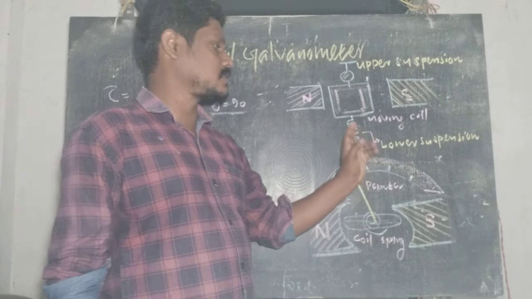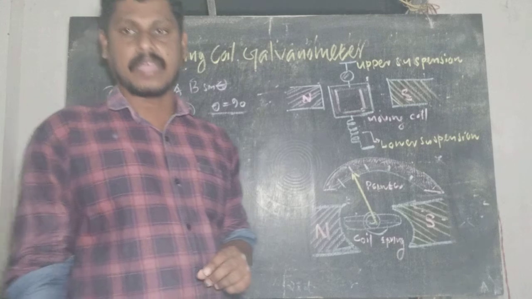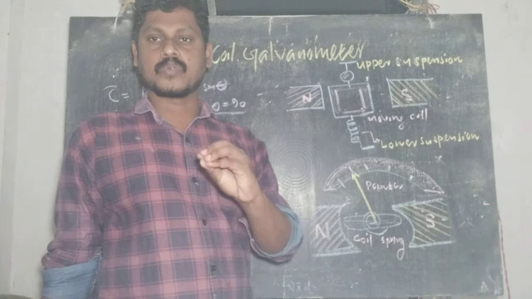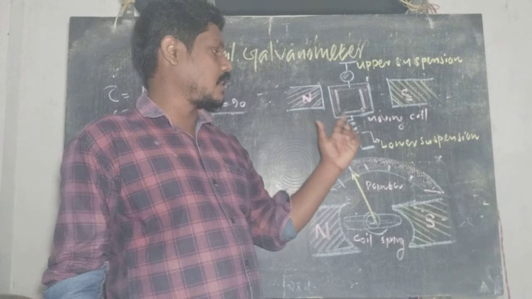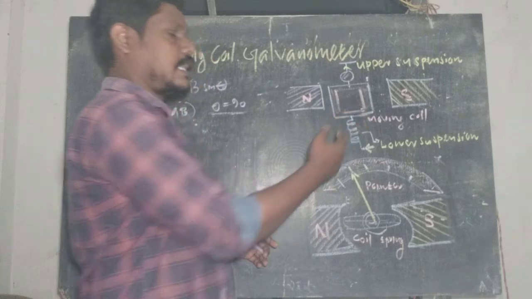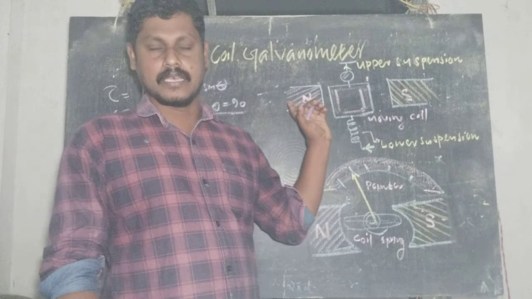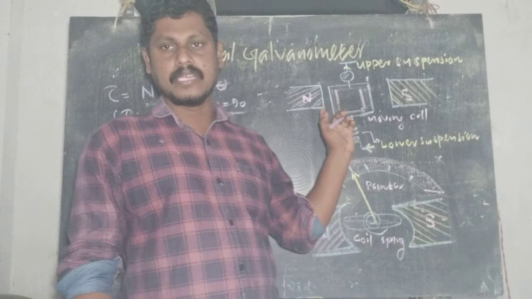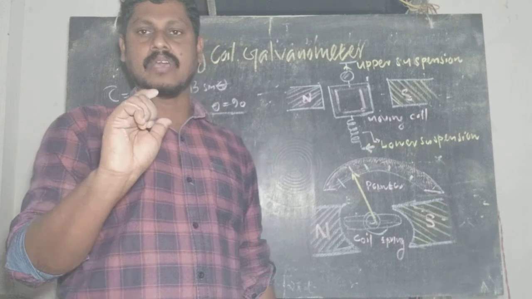And this suspension is done with a material like phosphor bronze wire. The material used for suspending this coil is phosphor bronze wire, because when this coil is connected to a circuit and there is a current flow, the coil will rotate due to the torque experienced from the external magnetic field. The torque generated makes the suspension fiber twist, making an angular rotation.